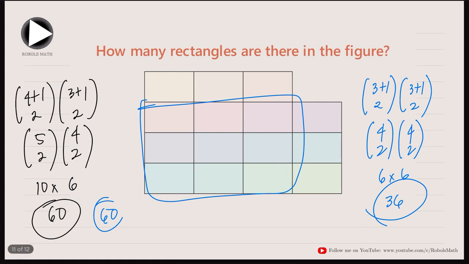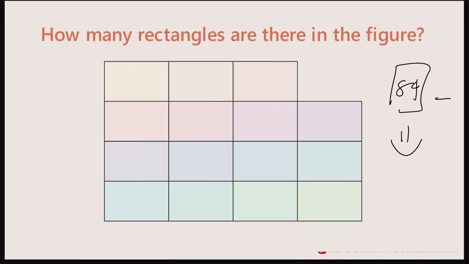Therefore, the total number of rectangles that we want is 60 for the vertical and 60 for the horizontal, minus the overlap, which is 36. That's 120 minus 36. That's 84. And that's similar to what we got earlier.